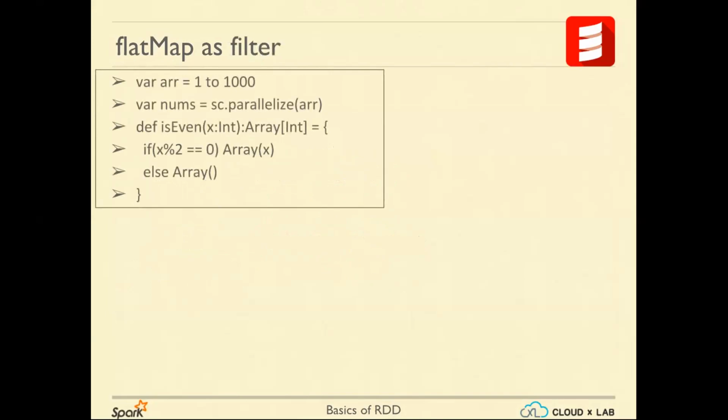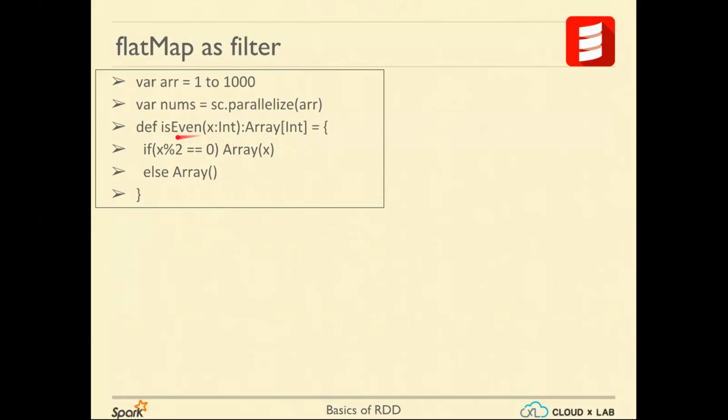We could use flatMap as a filter. Here we are saying that if a value is divisible by 2, return an array containing that particular value. Otherwise, return an empty array. So we have changed the definition of isEven, the function that we defined earlier.